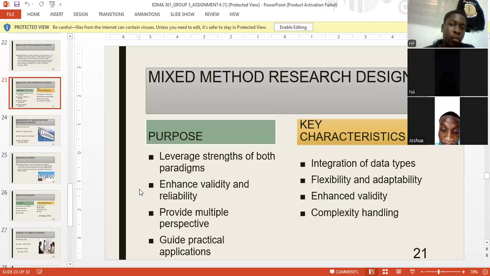You can rely on the research, you can rely on what it has given out to be the truth. It provides multiple perspectives, and it also guides practical application, as I said already. The key characteristics are integration of data types, flexibility and adaptability, enhanced validity, then complexity handling. So let's move on to the next slide.